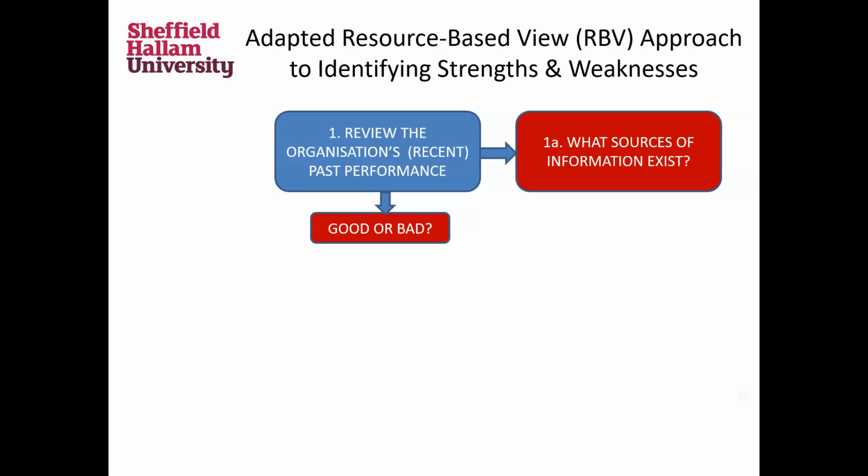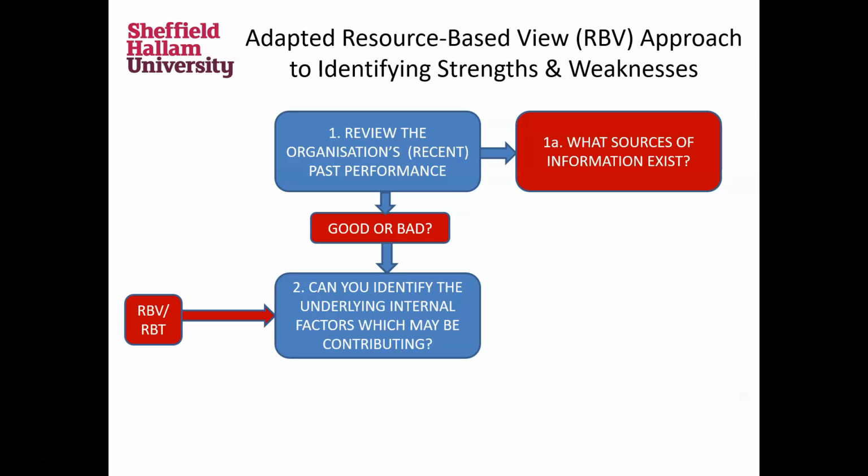Now, is the recent past performance good or bad? And if it's good, can you say what the underlying internal factors might be? What is the organisation doing well? Where does it have strengths that is allowing it to perform well, to have good results? If it is performing badly, what are the underlying internal weaknesses which might be contributing to this bad performance?